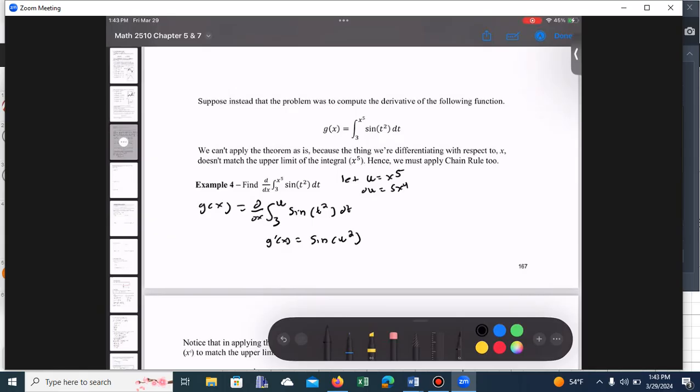And then you'll have a du/dx as part of the chain rule. So this becomes sine of x to the fifth squared times 5x to the fourth. We'll finalize this: sine of x to the 10th times 5x to the fourth.